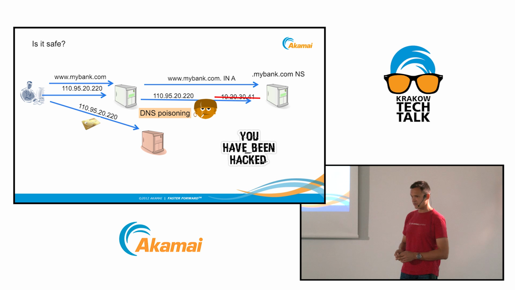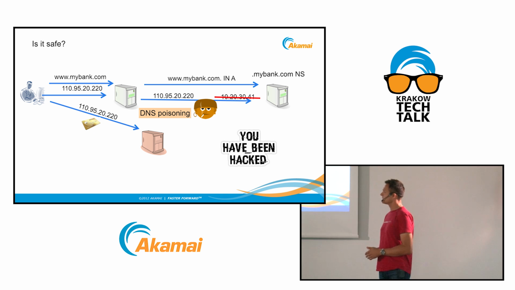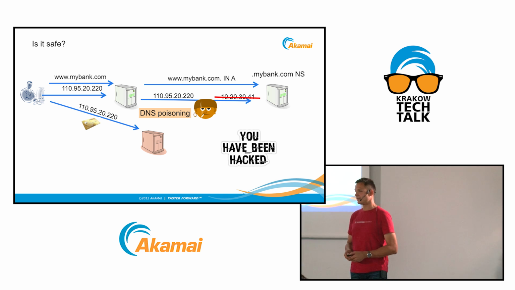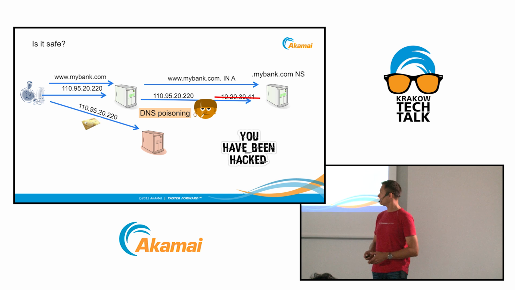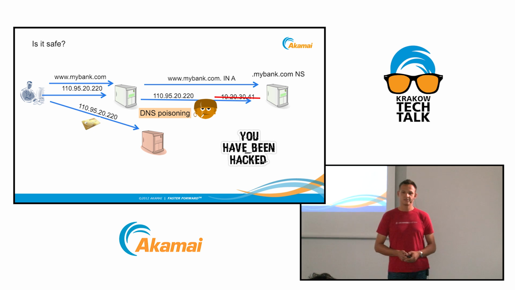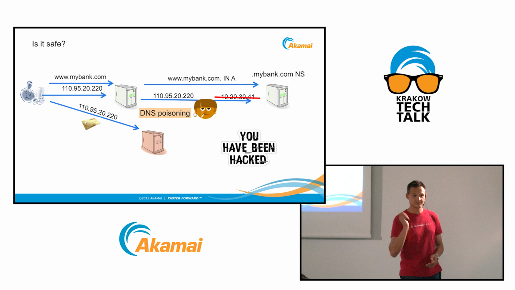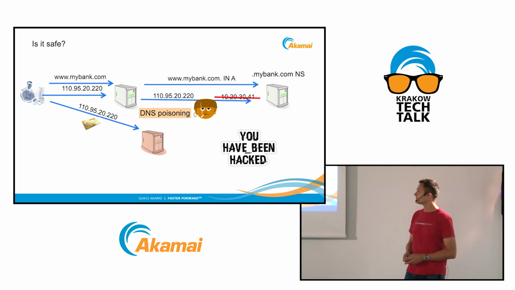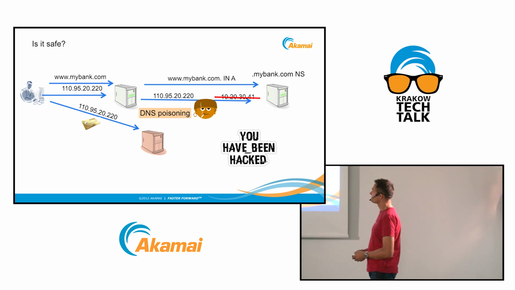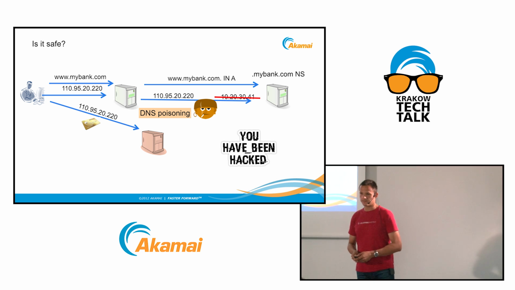This is not something we are looking for, but unfortunately we are not aware of that. So we are trying to open the domain name, and in fact, as a result, landing on his server, not our bank server. So that is called DNS poisoning.